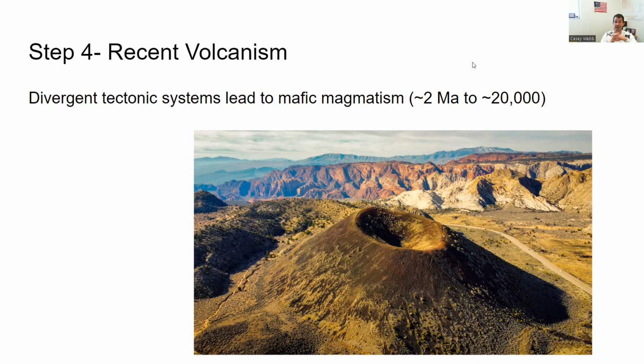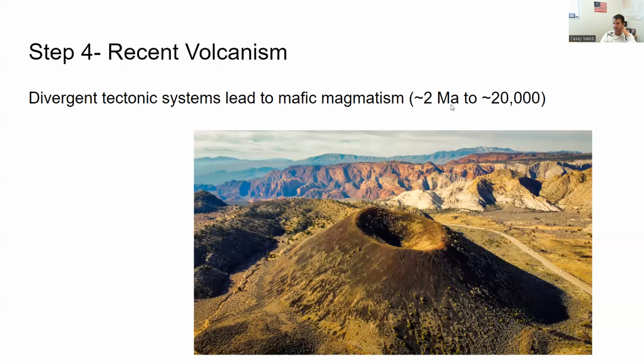Okay, so anywhere we have divergent systems, if you remember from our tectonic lectures, anywhere you have plates moving apart, there are always volcanoes forming in between. And these volcanoes are almost always mafic in composition, so they'll produce basalt and they'll produce cinder cones. Okay, so that's what we're seeing there.